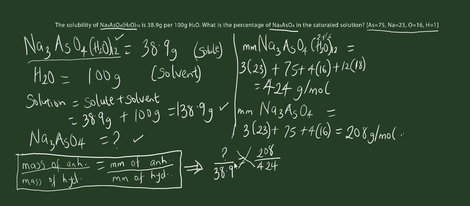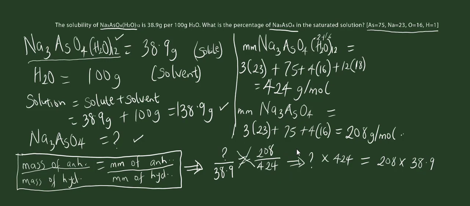So the next step is to do the cross multiplication of these values. So we are going to have what? The unknown multiplied by 424 gives 208 multiplied by 38.9.